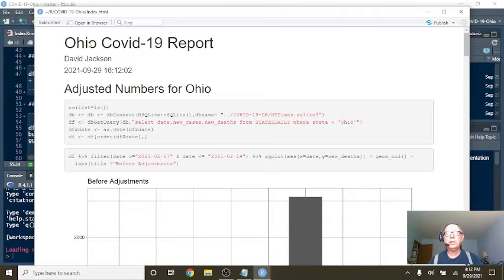Then in March, they went from a 7-day reporting cycle for deaths only to a 5-day cycle. If that's not bad enough, it's not necessarily the same 5 days every week. Notice it said deaths. They don't seem to have any trouble counting cases 7 days a week, do they? So you always have to be careful when you look at Ohio's numbers.